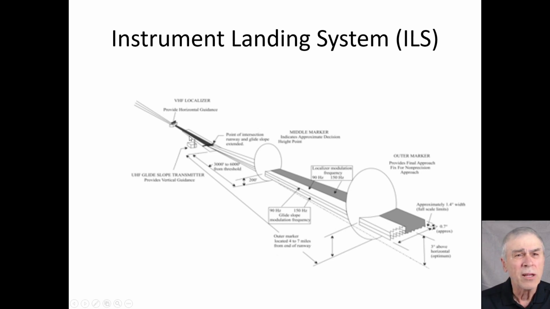We'll talk about that a little bit later on. And then the glide slope transmitter, its partner, is also transmitting a signal, which has to do with the vertical difference between where the plane should be relative to the ground.